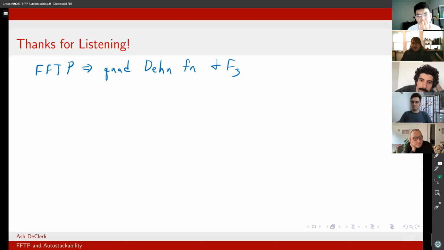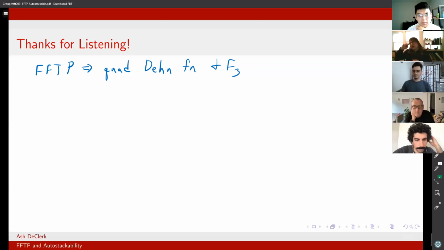And there are examples of autostackable groups with power towers for their Dehn functions. And there is one which I know is finitely presented, but not FP3. I'm not sure if it's F3 or not. But yes, there are plenty of examples of autostackable groups which do not have FFTP. Okay, thank you.